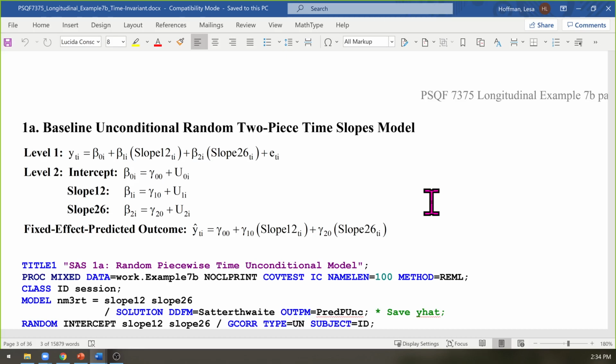This is kind of the same idea as starting with an empty model in order to figure out what fixed and random effects of time you need. Here I'm starting with an unconditional model in which there are no time invariant predictors, so that I can get a baseline as to what the highest possible amount of variance is in the intercept and in each of the two slopes, that we will then see how much it goes down after adding in the predictors.